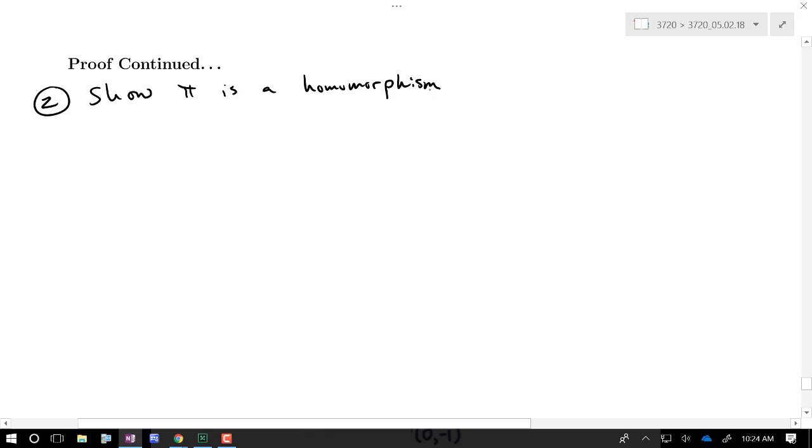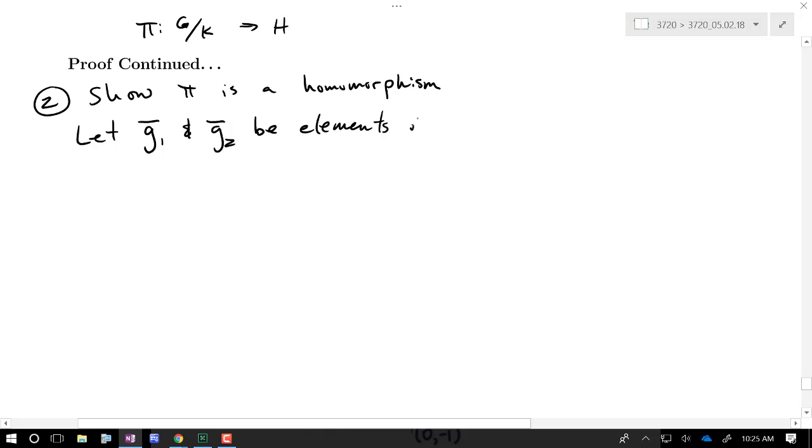Pi maps from G mod K to H, so let's take a couple of elements in G mod K. Let G1 bar and G2 bar be elements of G mod K. So we have a couple of cosets here.